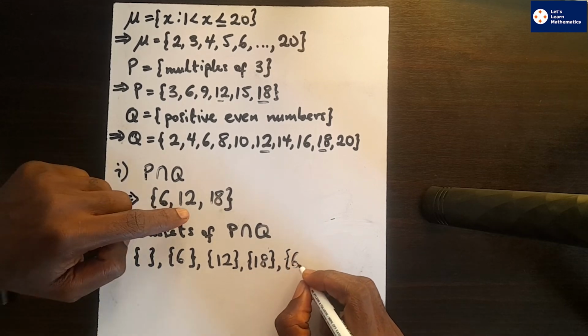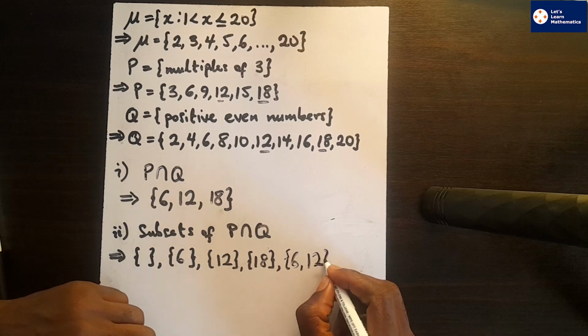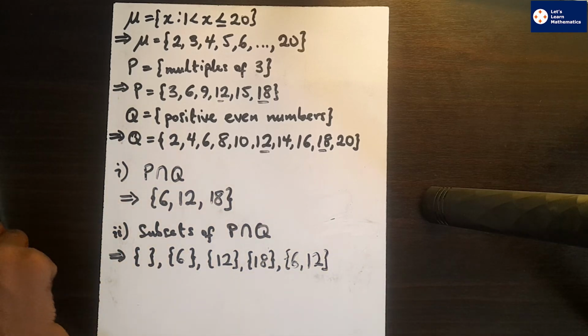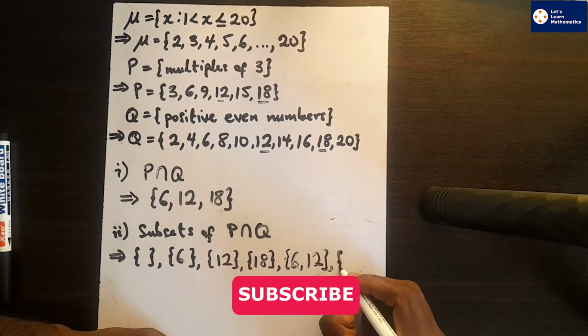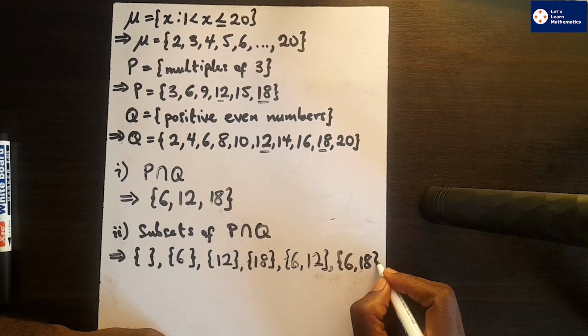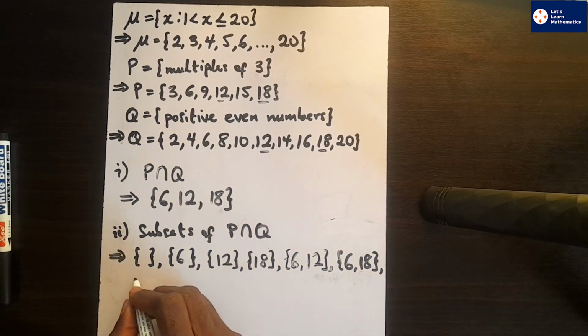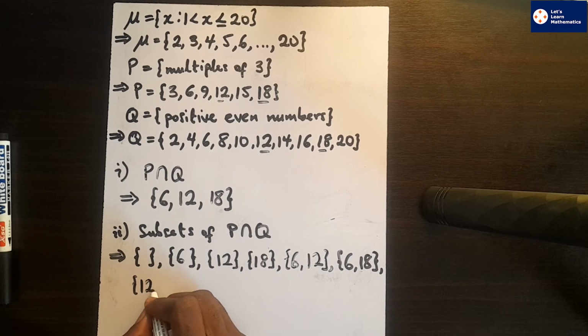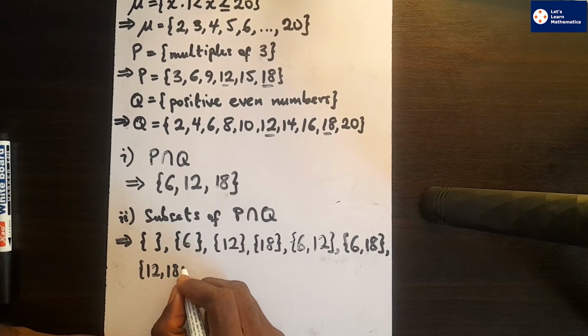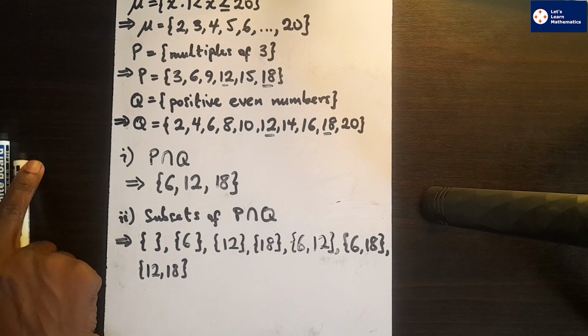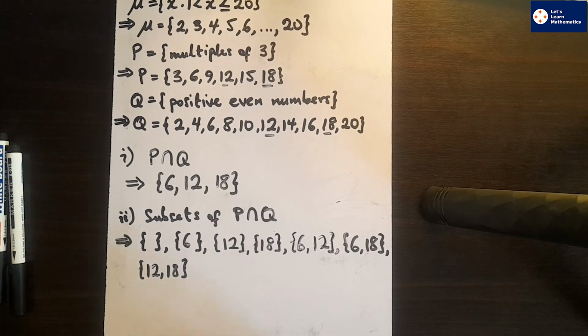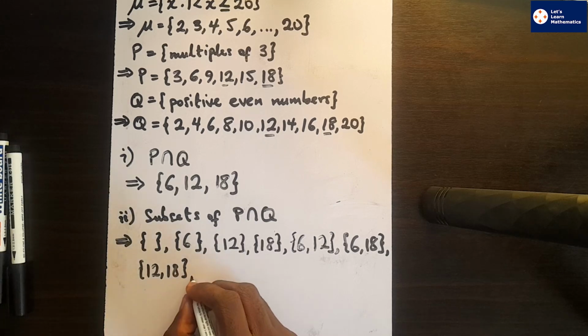We take 6 and 12 first. Then we take 6 and 18. Then we take 12 and 18. So we are done with the sets that have 2 elements. We go to the set that has 3 elements, which is just the set itself, because every set is also a subset of itself.